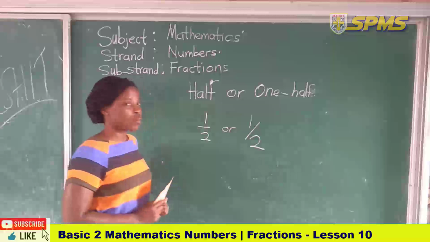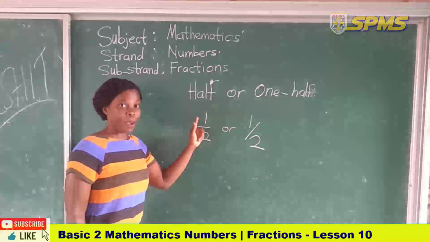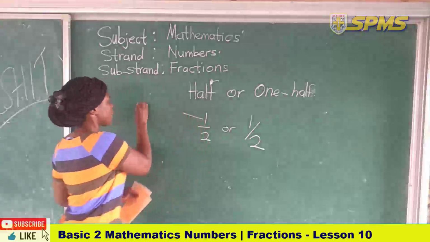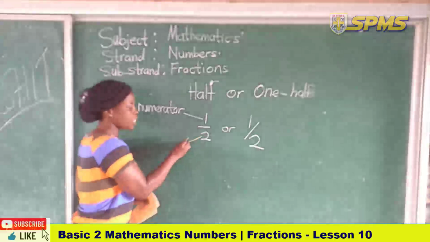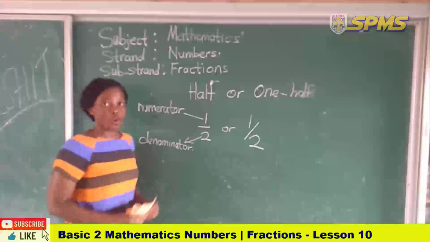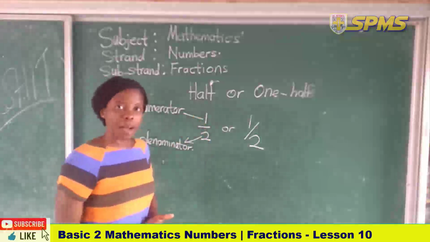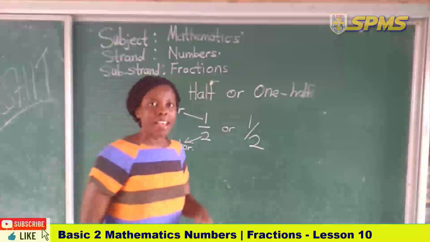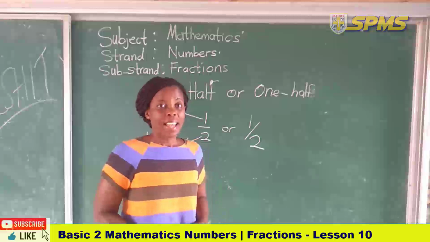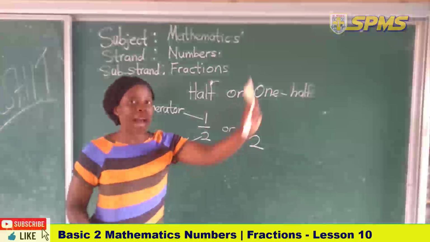So which one is going to be our numerator? The 1. So this is our numerator. Then the 2 is going to be our denominator. So we have a fraction. A fraction is made up of a numerator and a denominator. So in this case, the half, the 1/2, it is one part of it.